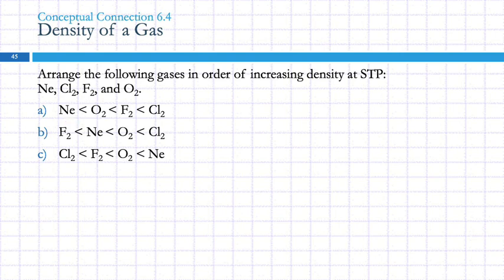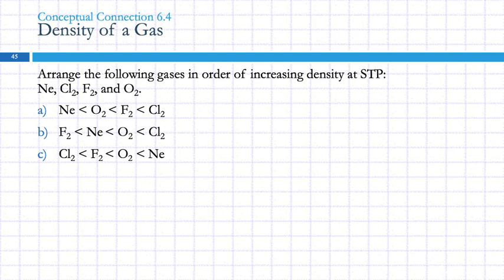Here the choices have the greater than, less than type sign, and so the small pointy end of this symbol is on the small side, and the big fat end is on the big side, okay, in case you don't remember how that worked from whenever they taught you that. So this is saying that neon is the smallest, then oxygen, then fluorine, then chlorine.